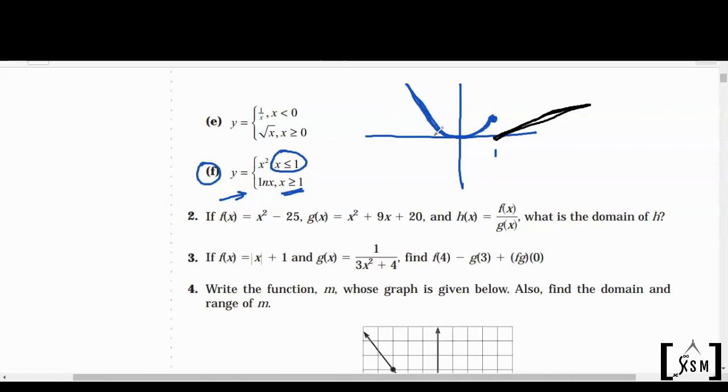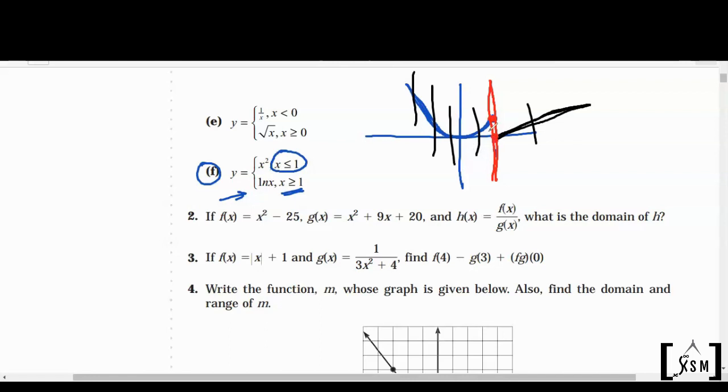So again, is it a function? Yes, it is a function because wherever you draw the vertical line, it cuts once. But please mind it. At this particular point, at 1, when you draw the vertical line, it is cutting the graph at two places. One is here, one is here, right?